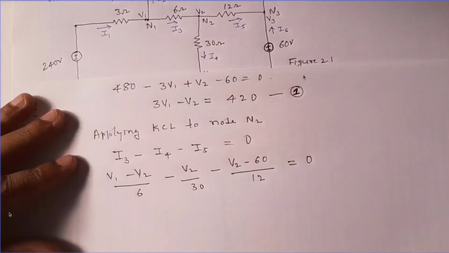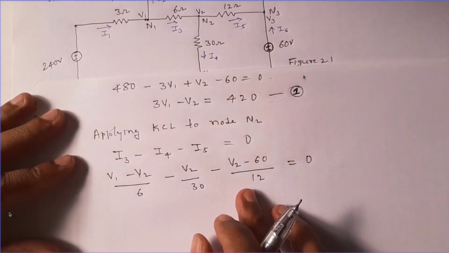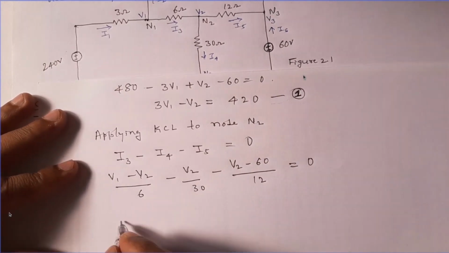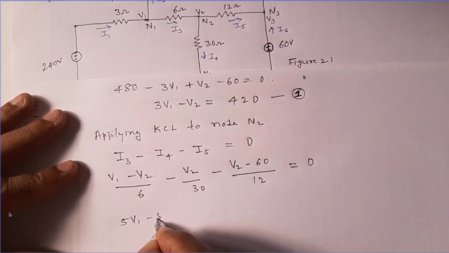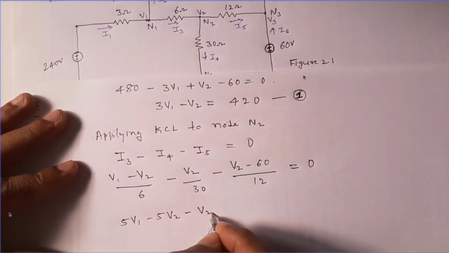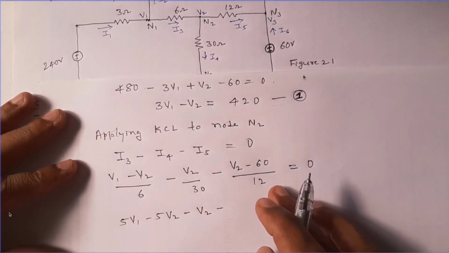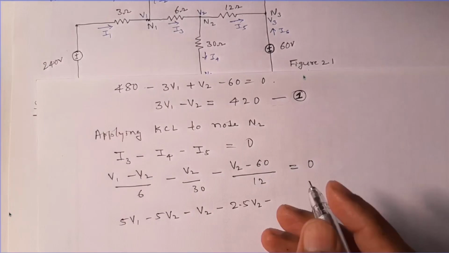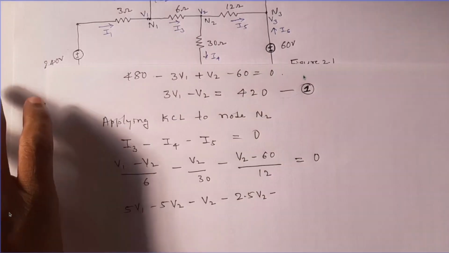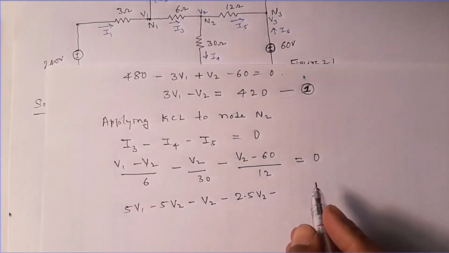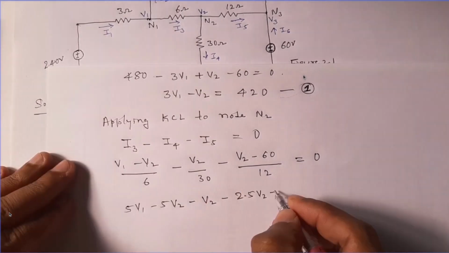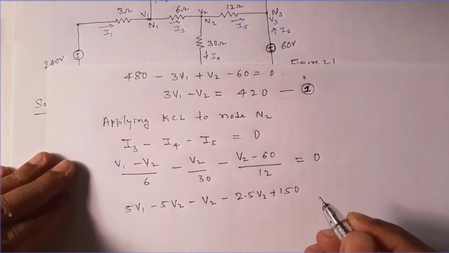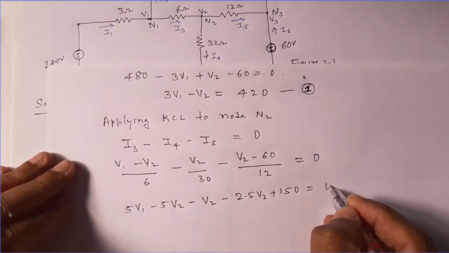Now dear students, if I take LCM as 30, this is like 5V1 minus 5V2 minus V2 minus 2.5V2 plus, since 60 into 2.5 will be 150, minus into minus will be plus, 150 is equal to 0.